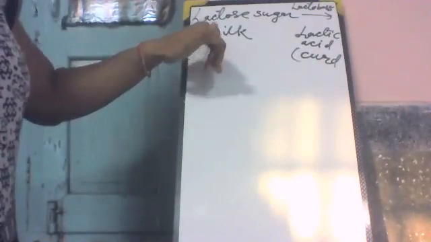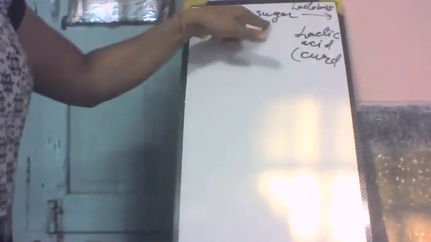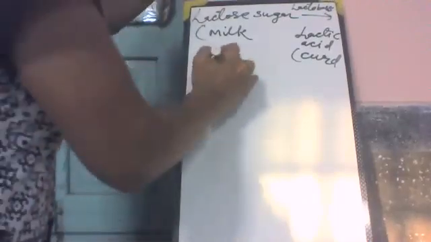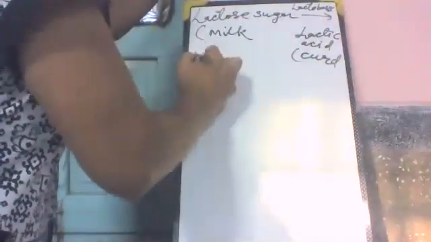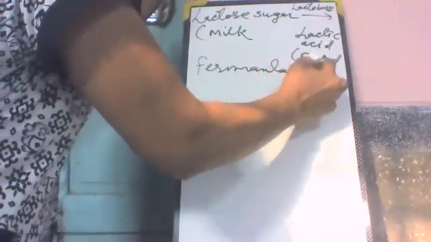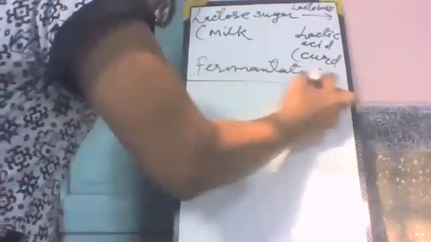This is the process. Lactose sugar is present in the milk. These bacteria work on this lactose sugar, and it changes into lactic acid. The whole process is known as fermentation. This is the formation of curd.